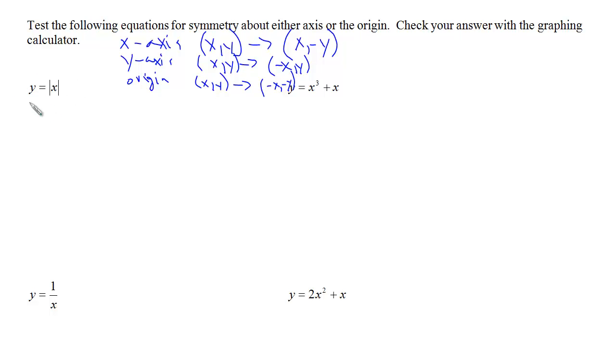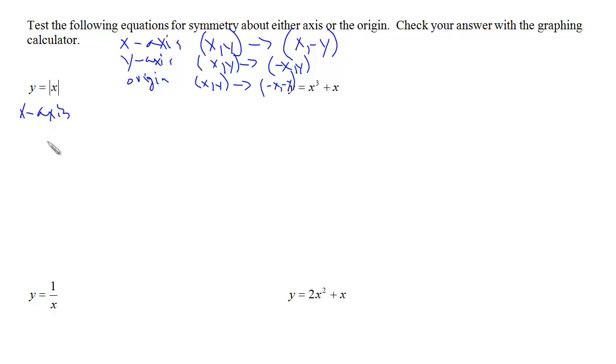So here's how we'll test those. I'm going to take this, y equals the absolute value of x. I want to check for the x-axis. Any values I plug in here, y equals the absolute value of x, that's always going to be a positive value. So if I want to check to see if this has symmetry about the x-axis, I'm going to plug in negative y. If it is symmetric, then I should produce the same result. Sometimes this is easiest done with values.